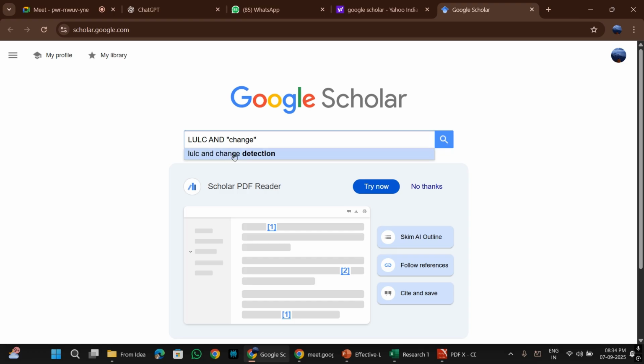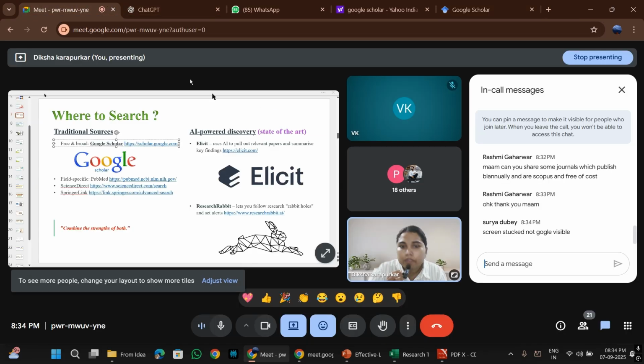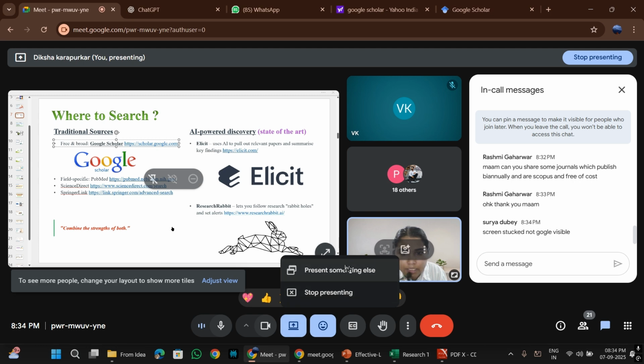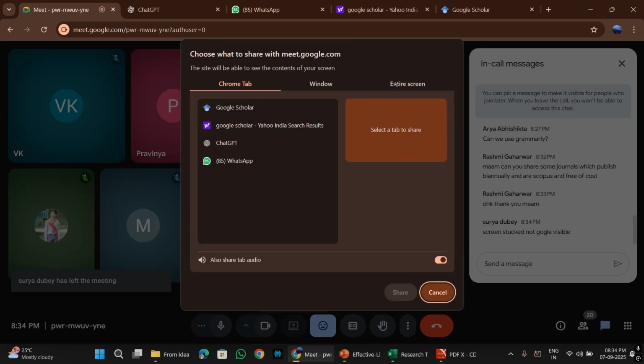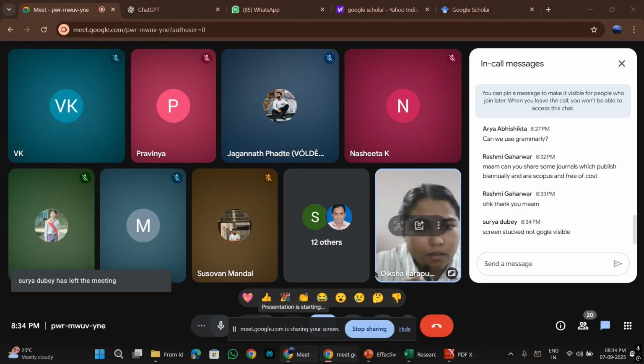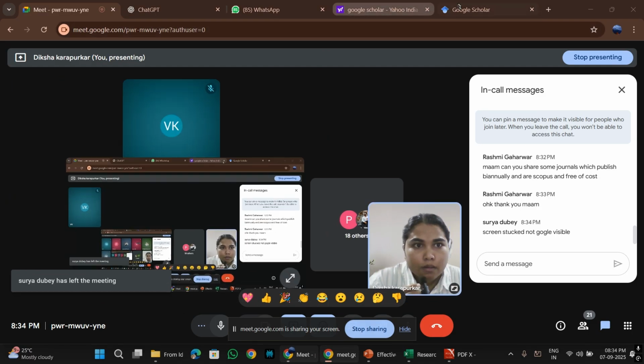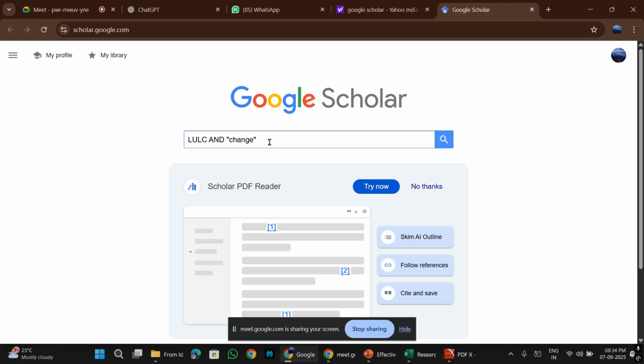I get some suggestions as well. Oh, yes, I will have to share my entire screen. So LULC and change: I want change to be there, and LULC may be seen as land use, land cover and things like that.